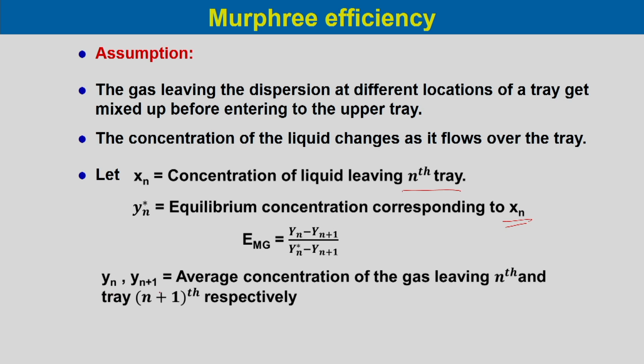Here Y_n and Y_{n+1} are not the local concentrations; they are the average concentrations of the gas leaving the nth and (n+1)th trays respectively. So, in the case of point efficiency, we considered the local concentration, but in this case we consider the average concentration.